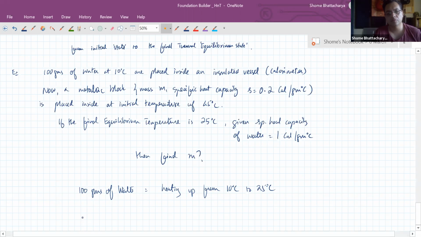And you have m grams of metal which is cooling down from 45 degrees C to 25 degrees C.